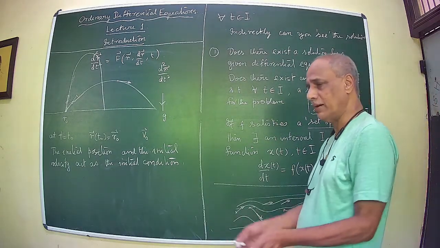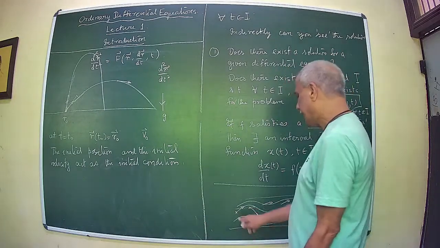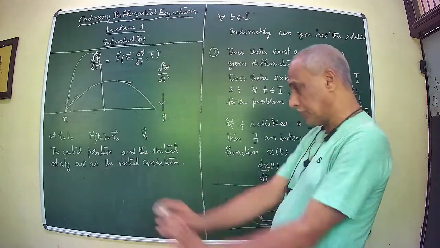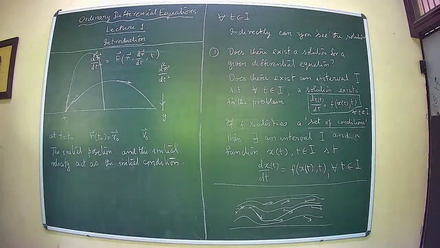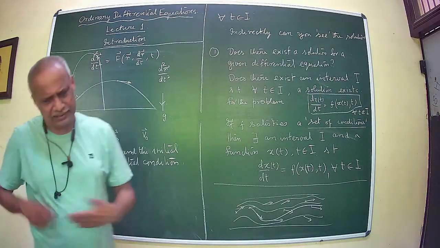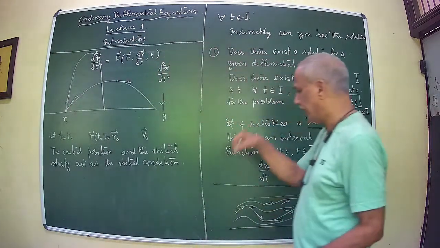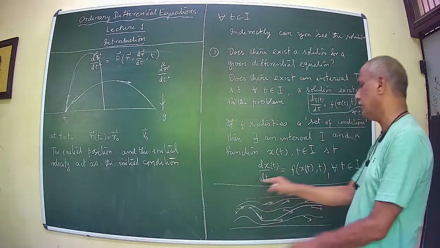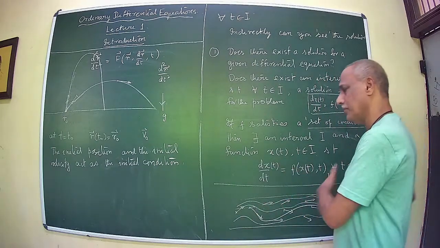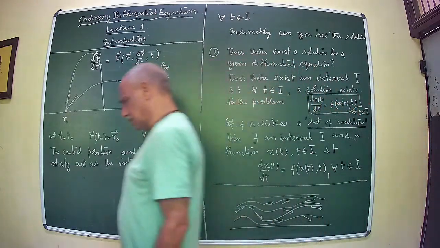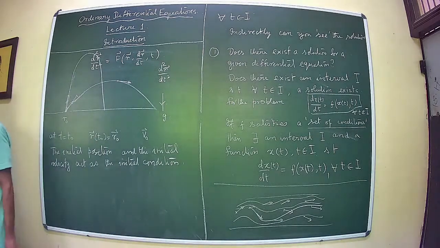So what I wanted to say is that it depends on where you drop the leaf initially. At time t equal to t naught, it will follow a path. So that's the solution. If you drop it at another point, then it will be another solution. If you drop it at a third point, it will give you another path, and it's another solution, and so on.